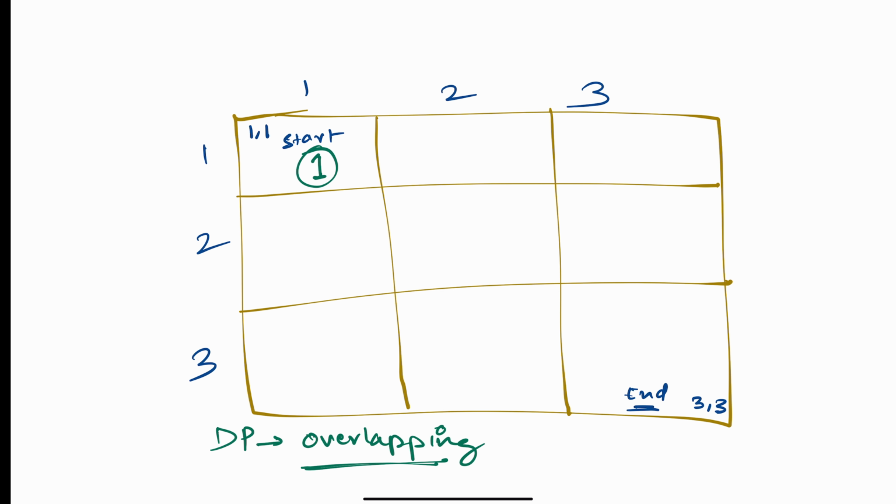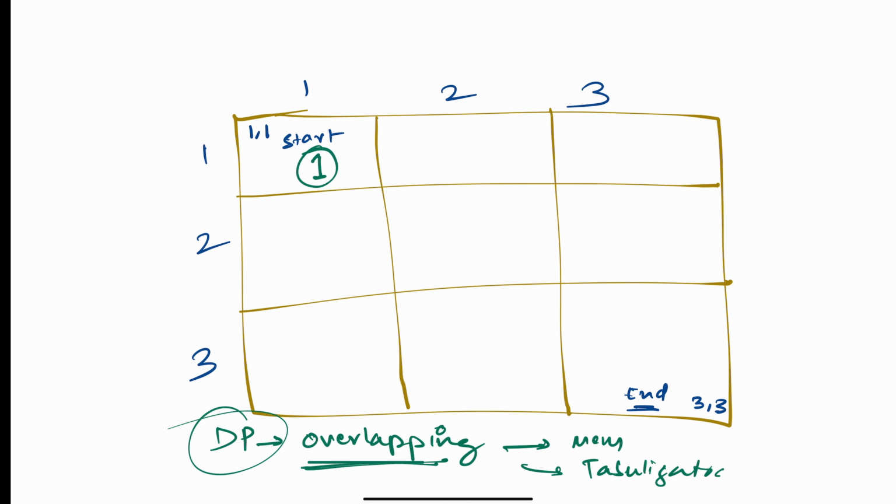No. Because of that, consider solving using DP only if it is an overlapping problem. We'll see in this video. Okay, if it is an overlapping problem, then solve once and you can either memoize or tabulate.